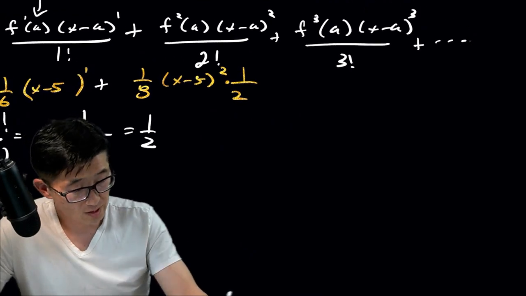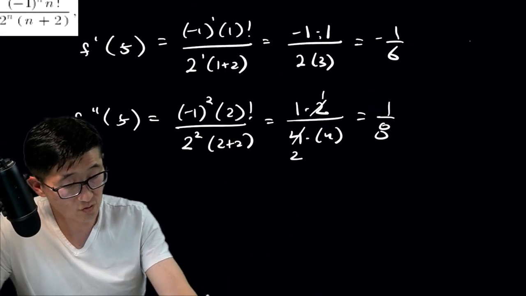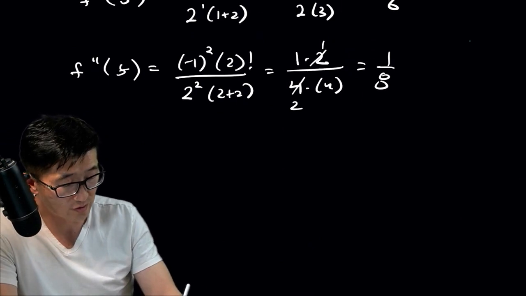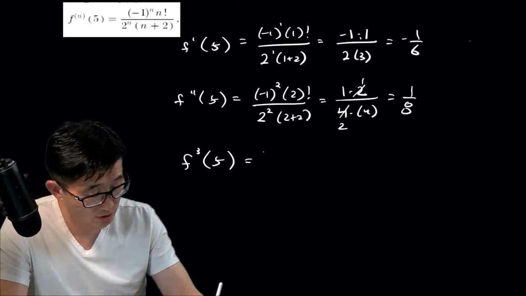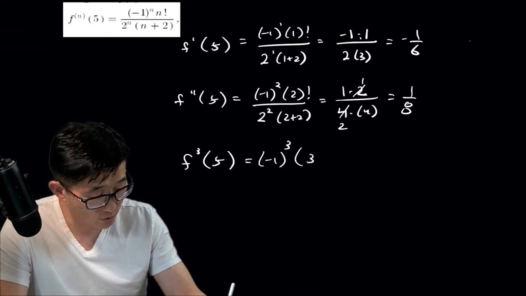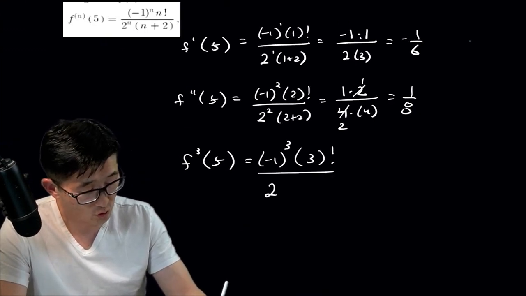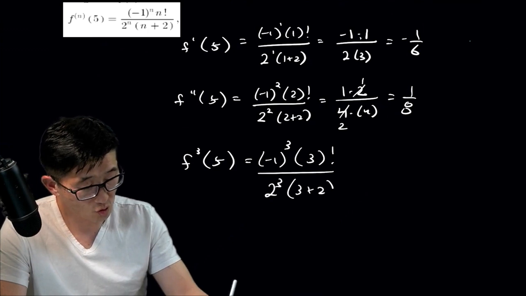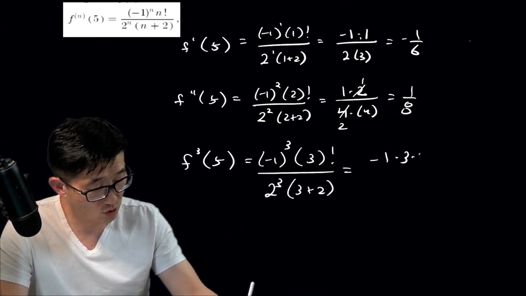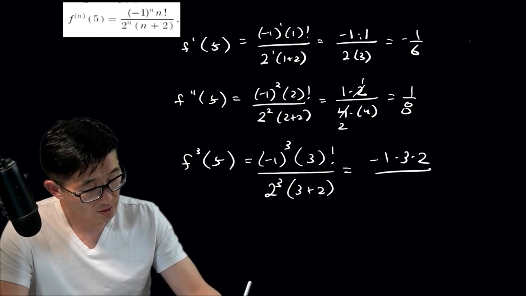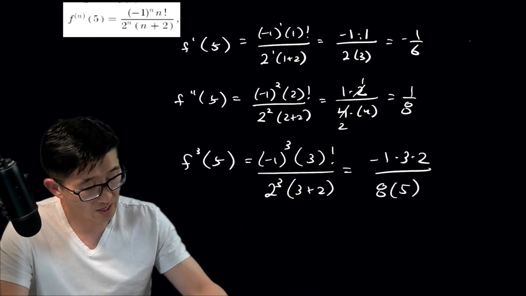Okay, and lastly, for the third derivative at 5, this would be -1 to the third power times 3 factorial over 2 to the third times 3 plus 2, and this will become -1 times 3 times 2 over 8 times 5.